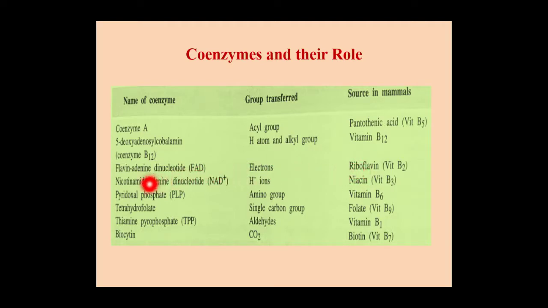Tetrahydrofolate, obtained from folate vitamin B9, transfers single carbon groups. Thiamine pyrophosphate, TPP, transfers the aldehyde group and is obtained from vitamin B1 thiamine. And the last is biocytin, which transfers the carbon dioxide group and is obtained from vitamin B7 biotin.